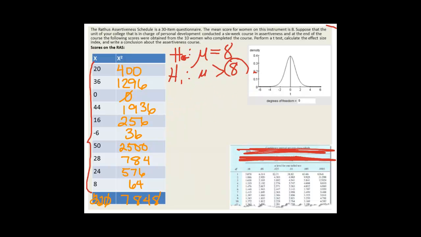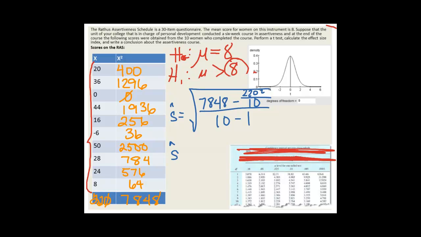Now that we have those values, we can easily calculate the S hat. S hat is the square root of the sum of the squared values, 7848, minus the sum of the values quantity squared, so 220 squared, divided by n, where n is 10, all over n minus 1, 10 minus 1. Working out the math inside gives us the square root of 3008 divided by 9.